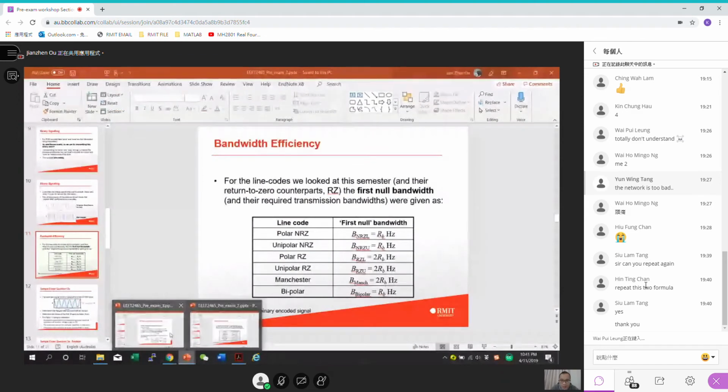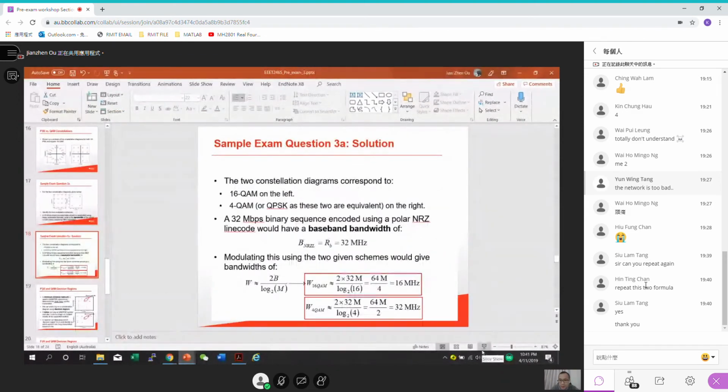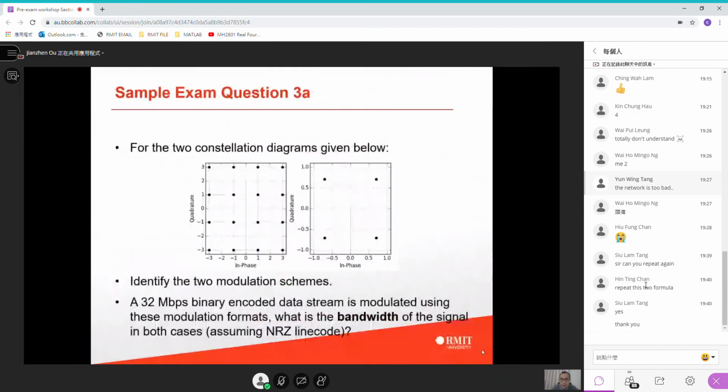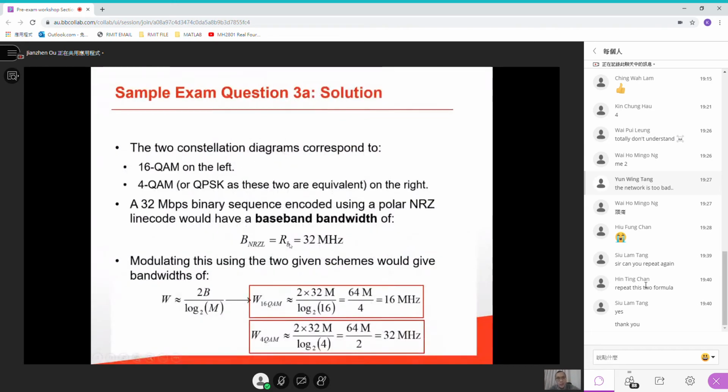So back to the question here. You can see it is assuming an NRZ line code. A 32 megabit per second binary sequence is the bit rate.